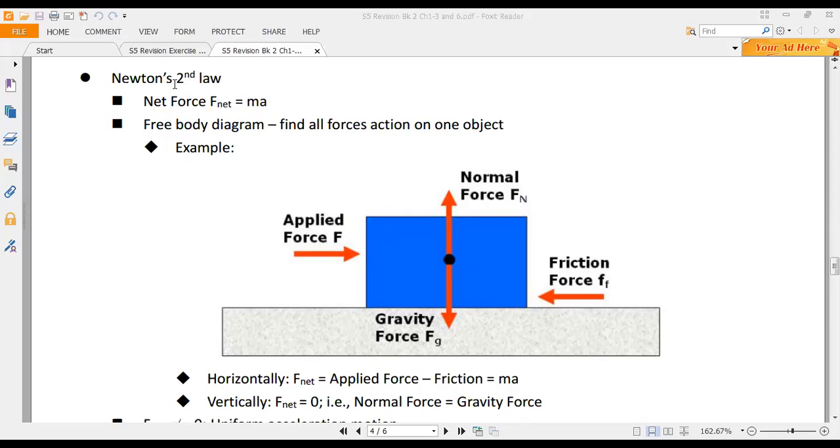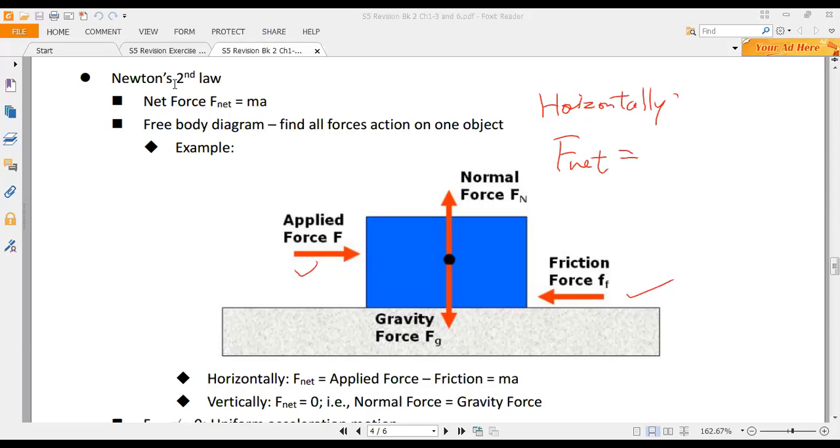So in this situation, we may write two equations horizontally. Now, horizontally, what would be the net force? You see horizontally there are two forces, right? One is forward, one is backward.